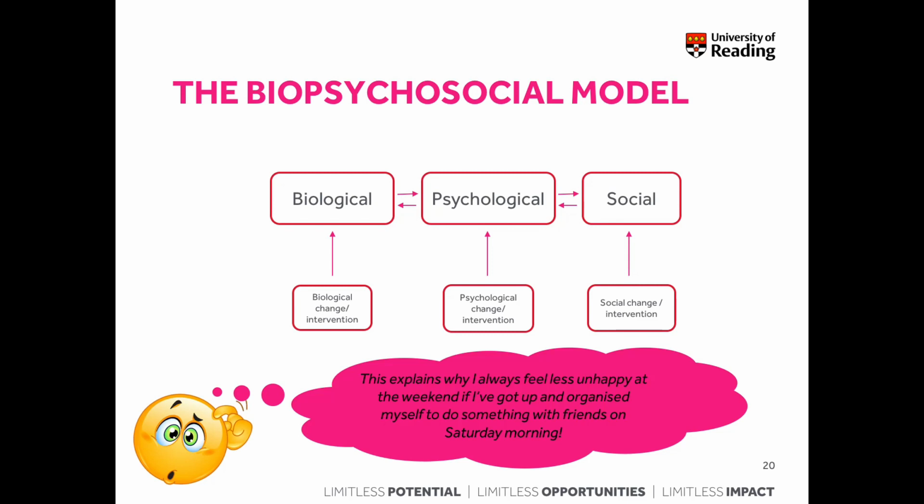For example, psychological treatments can have a positive impact on depression and brain activity. So a key term for you is the biopsychosocial perspective, which considers interdependent biological, psychological, and social factors as equally important in explaining health and illness.